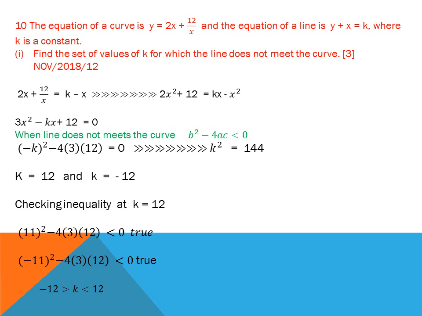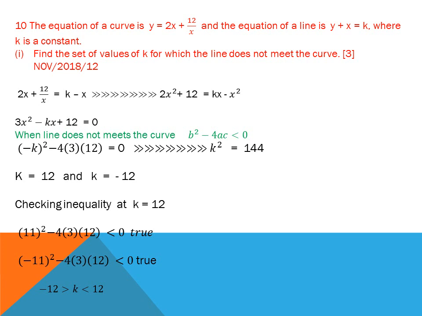Only three possibilities here. This question carries minimum 5 to 7 marks here. So you only need to apply the formula, discriminant b square minus 4ac equal to 0 or less than 0 or greater than 0. There are only three possibilities, not more than three.